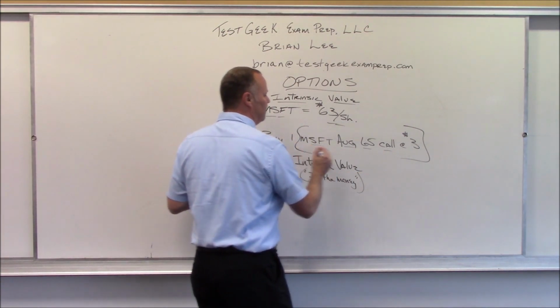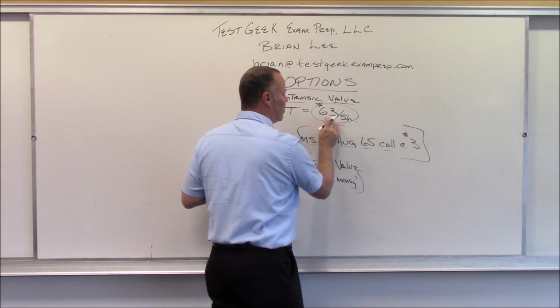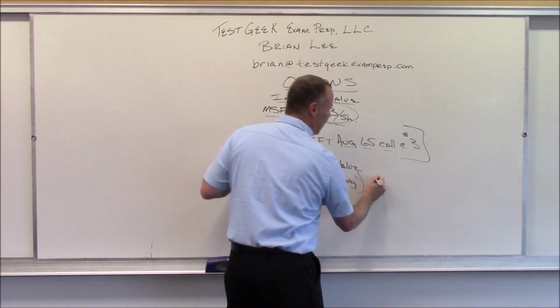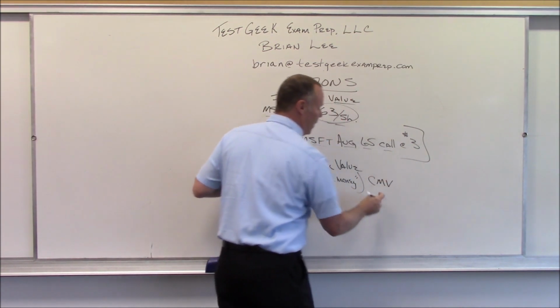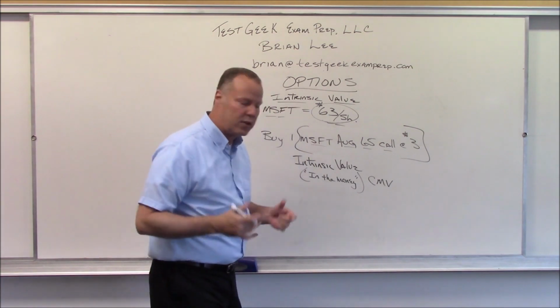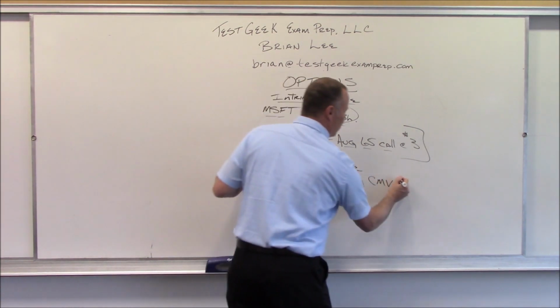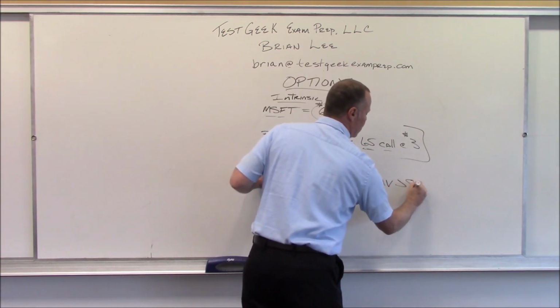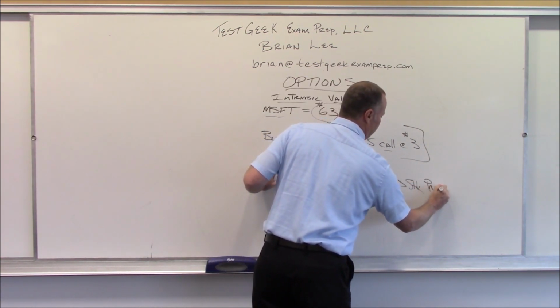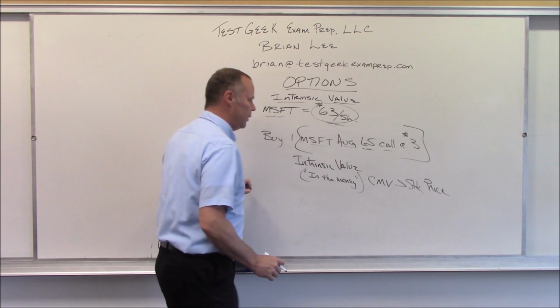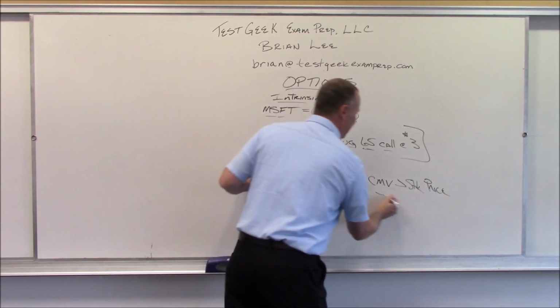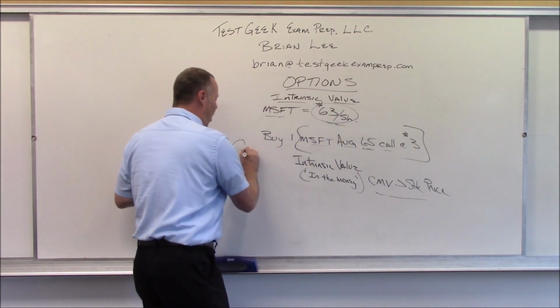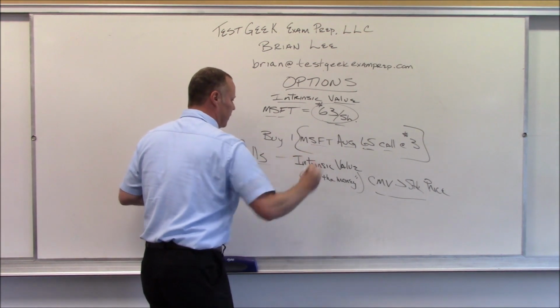When the market price of the stock, can we just call that the CMV, the current market value of the stock, is greater than the exercise or strike price of the option. That is when it's in the money for call options.